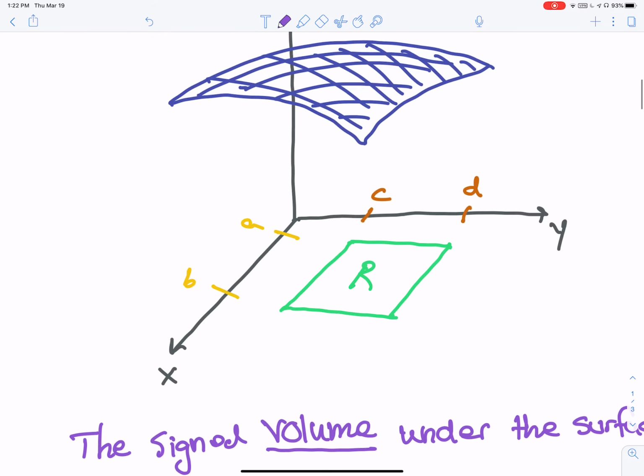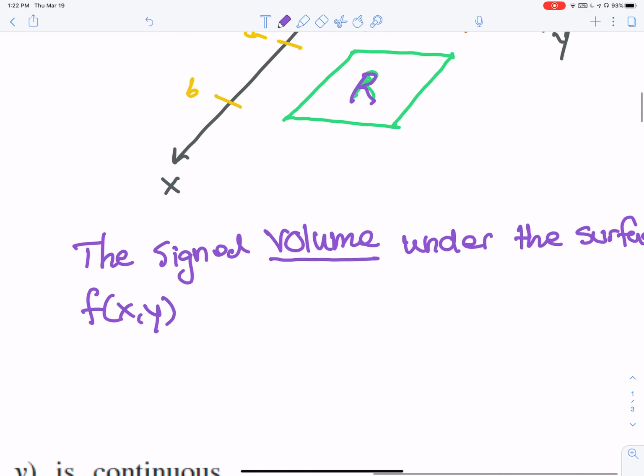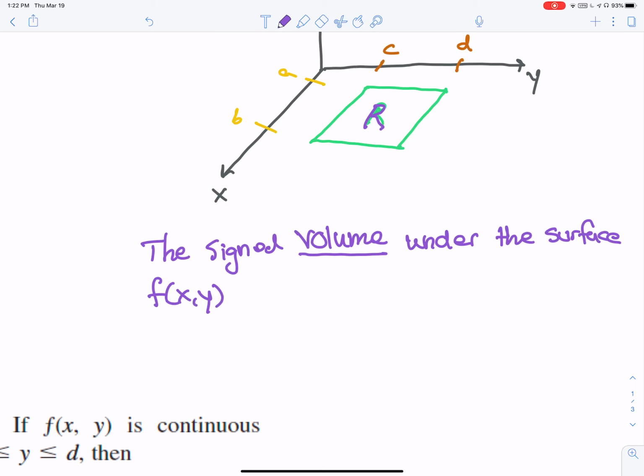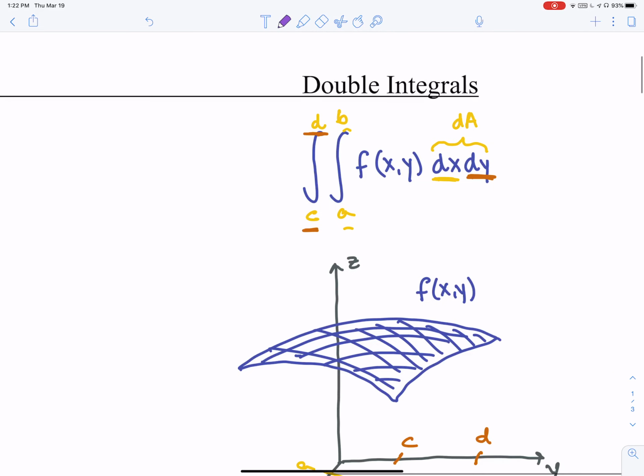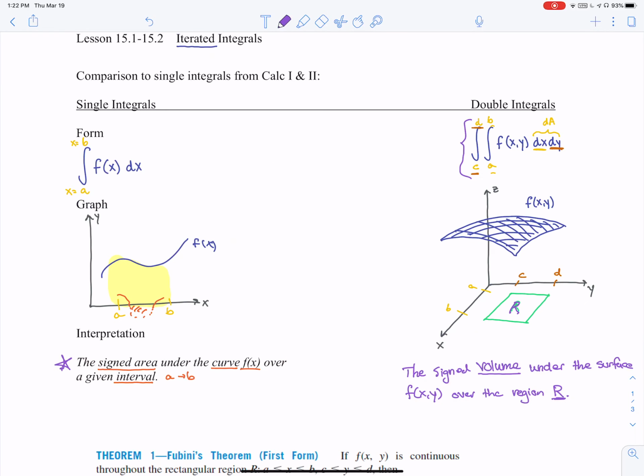No longer are we integrating over an interval, we're actually integrating over this region R. So it's the signed volume under the surface f of xy over the region given by R, right? We always get R from the bounds of the integral, right? This right here is where we got that region of integration.